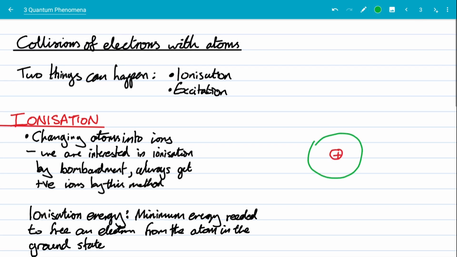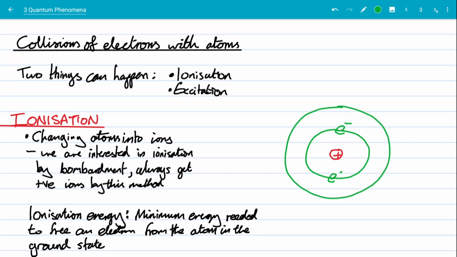If this is a hydrogen atom, then we will have a single electron orbiting it. If it's a helium atom, we'll have two electrons orbiting it, and so on. But there are energy levels, what we could call shells, what we could call orbitals, that go beyond that.